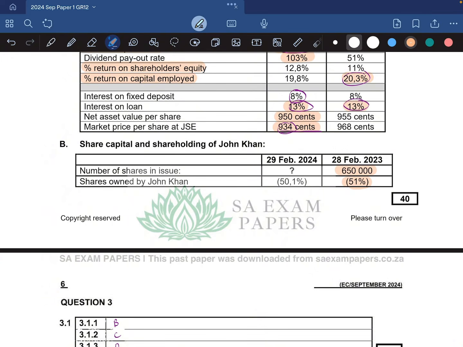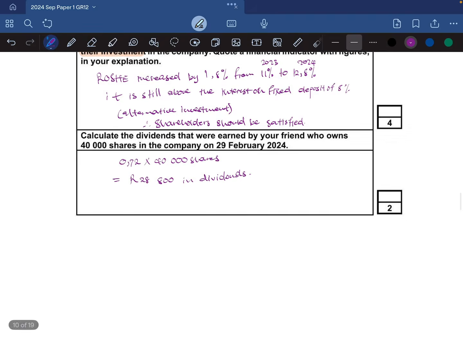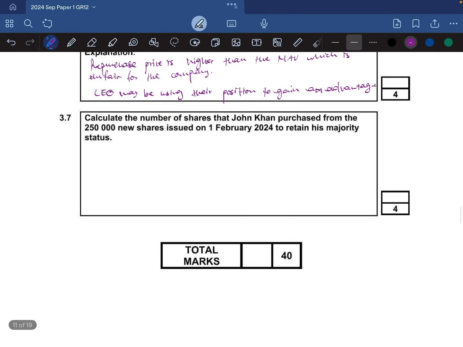This year he has 50.1% shareholding, and we do not know the number of shares in issue. So we are first going to determine the number of shares that he owned before.